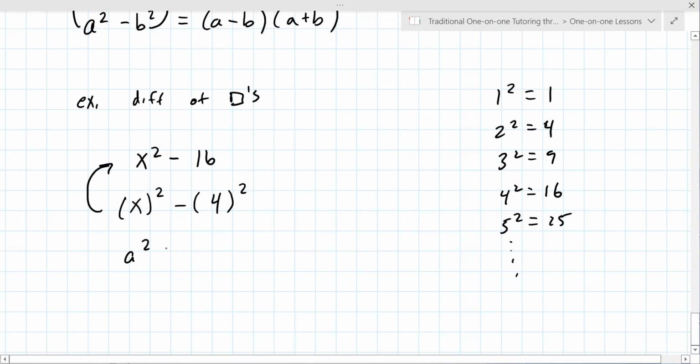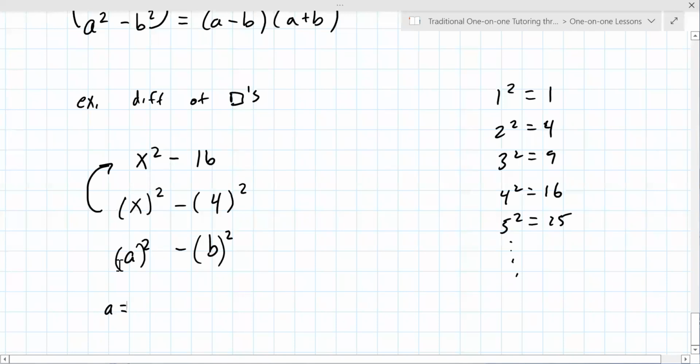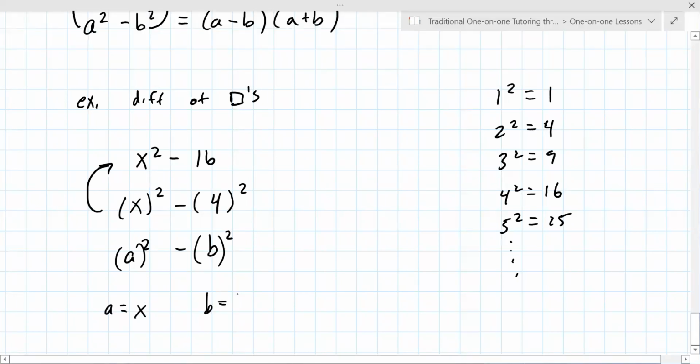Now, do you see how this looks like a squared minus b squared? There's something in parentheses that you're squaring. So what is the a in your problem? X, that's right. And what is representing b? 4. All right.